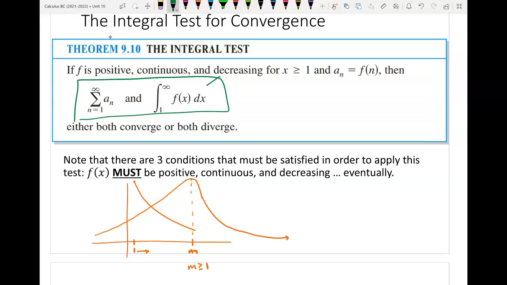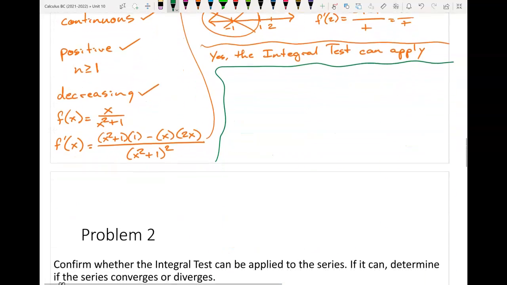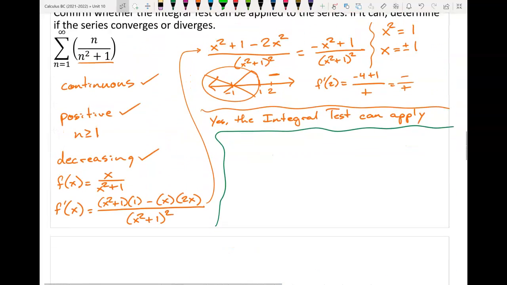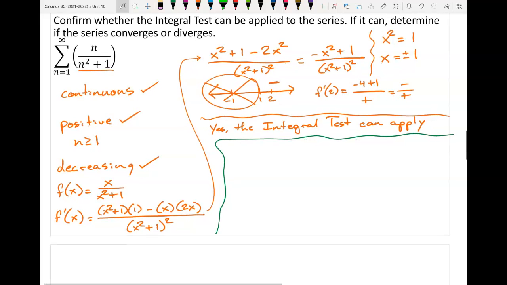So now we are going to look at our improper integral. If we can show that that converges or diverges, then the series converges or diverges. Now, how do we find the improper integral? Do we remember? So let's set that up. Integral from 1 to infinity of our function, x over x squared plus 1.